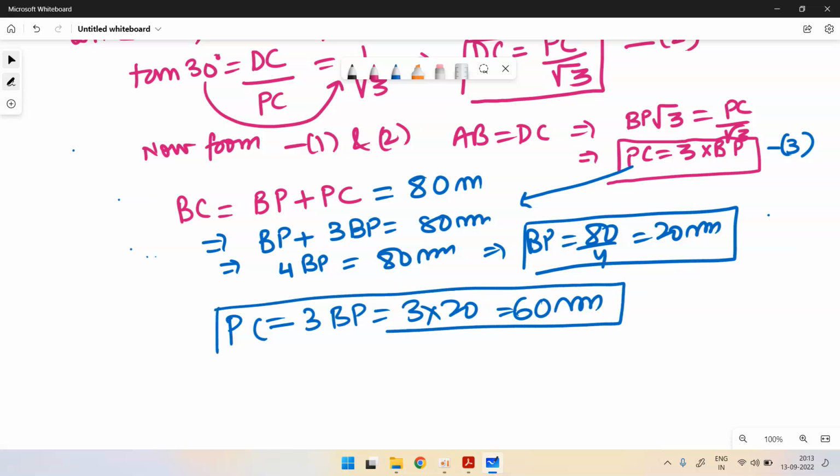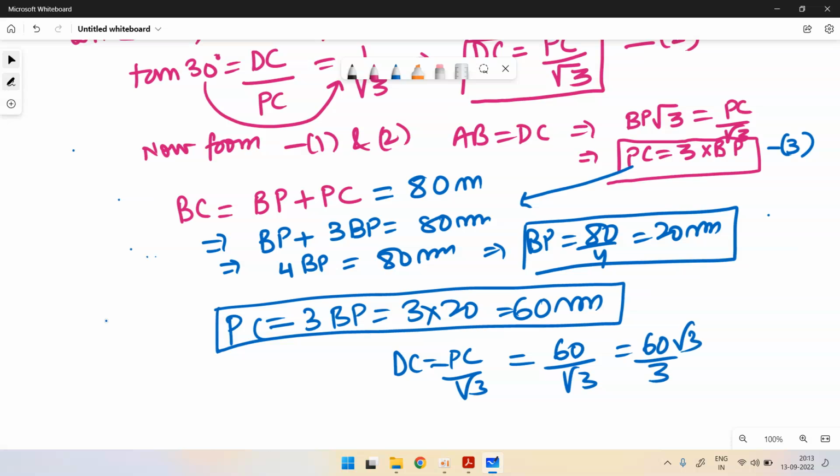What is the height? Any one formula you can use: DC equals PC by root 3, which is 60 by root 3, which is 60 root 3 by 3, which is 20 root 3 meters.